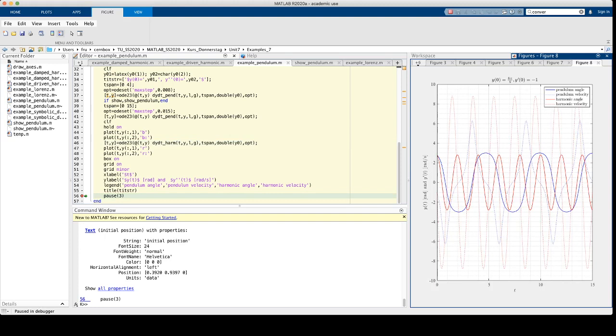And we see that the pendulum equation is now very much different from the harmonic oscillation. It's much, much slower, and also the shape is quite different.